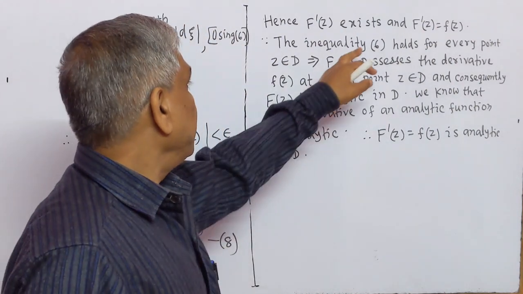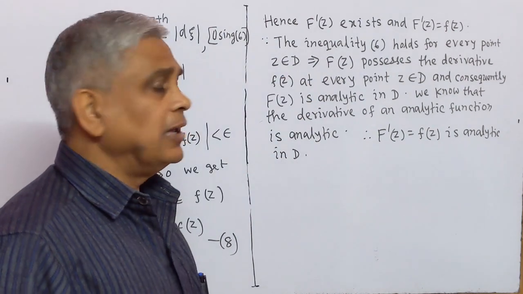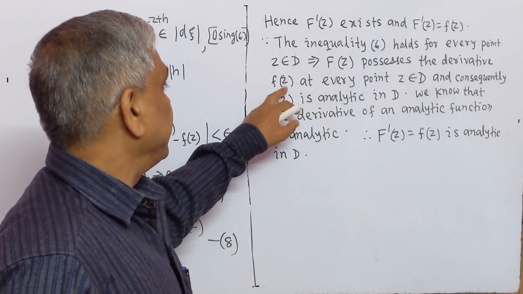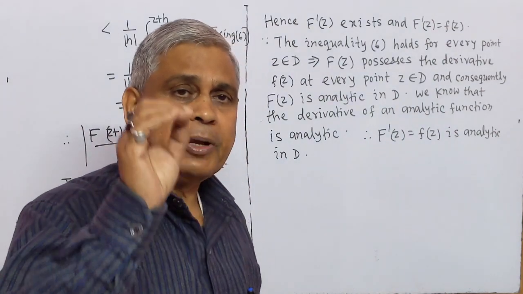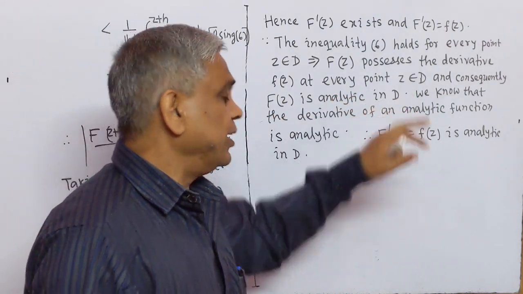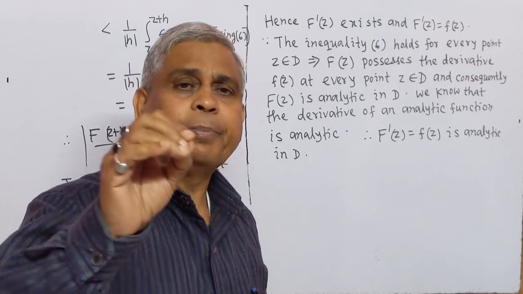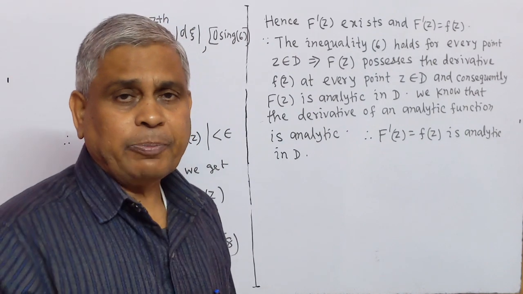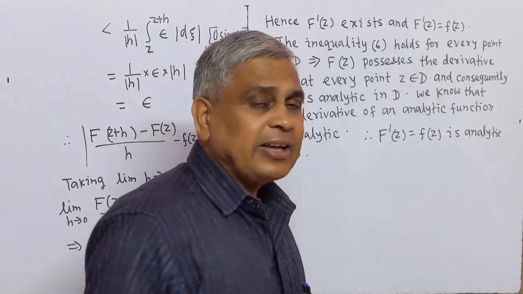Since the inequality holds for every point z belonging to domain D, capital F(z) possesses the derivative small f(z) at every point z belonging to D, meaning every point of the domain D, and consequently capital F(z) is analytic in D. Since the definition of analytic is that it is differentiable at every point, and we know that the derivative of an analytic function is analytic, the derivative of capital F(z) is analytic, meaning small f(z) is analytic.